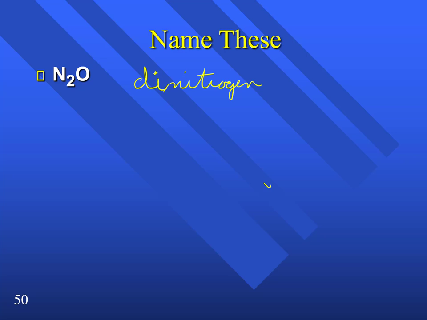And then we want to say 1 oxygen. So you want to say monoxide. What if you write mono-oxide, what does that look like? Monoxide, right? So we drop one of the O's. That's what the no double vowel thing's about. Everybody okay with that no double vowel there?